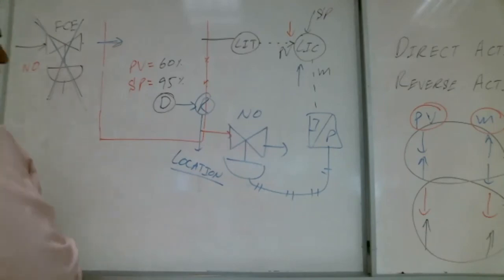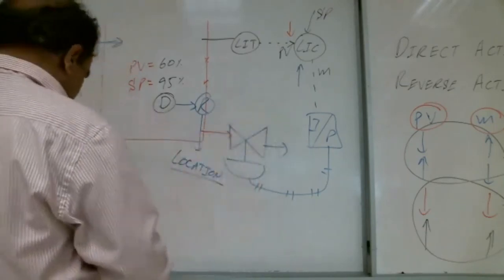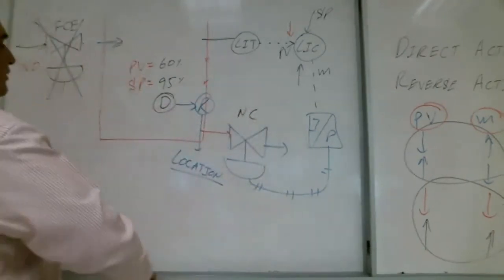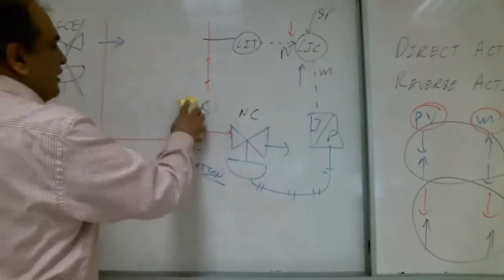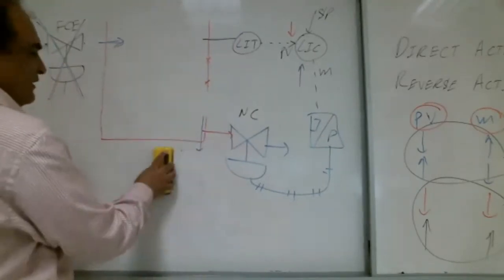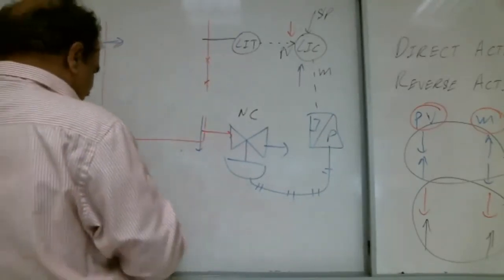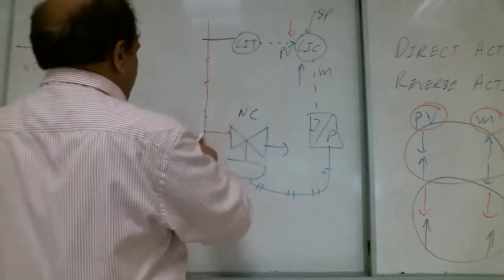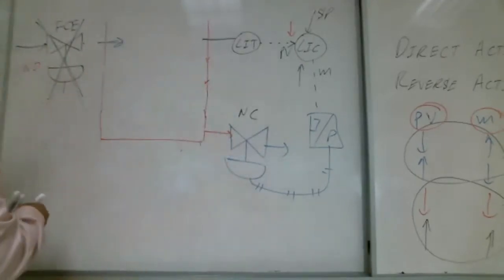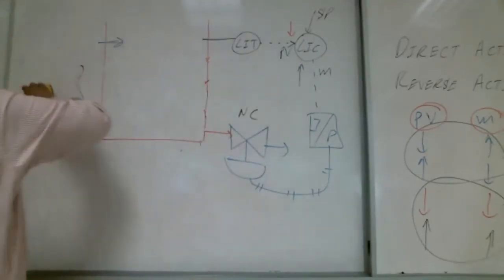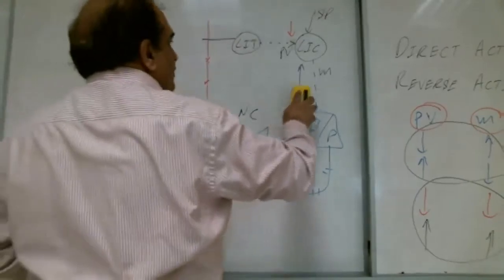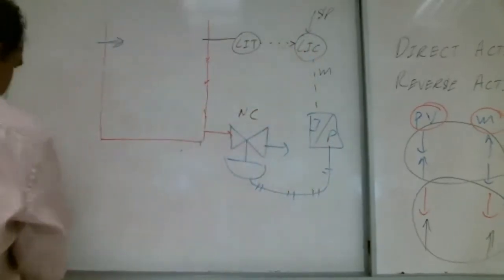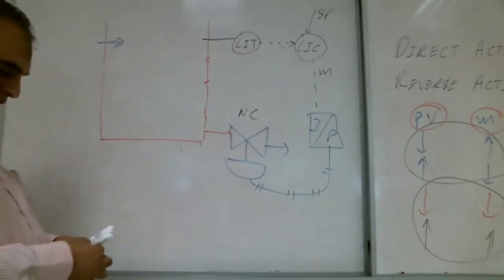Okay, Shabab, now I will make it normally closed. Now you tell me whether it is direct action or reverse action, with logic, not without logic. Give me the logic and the complete procedure, and whoever gets it first.